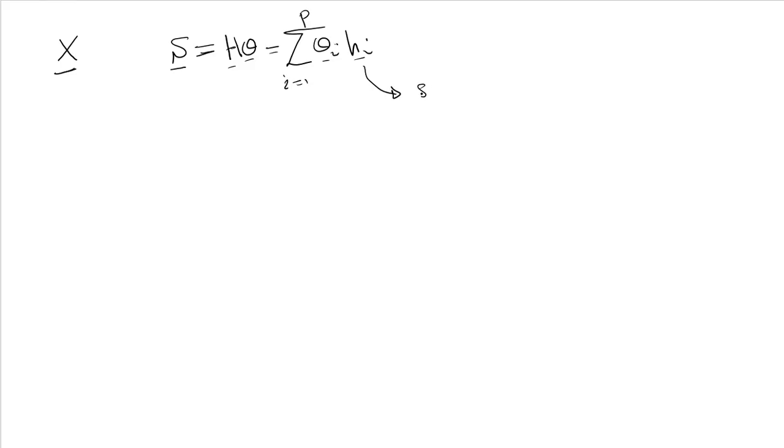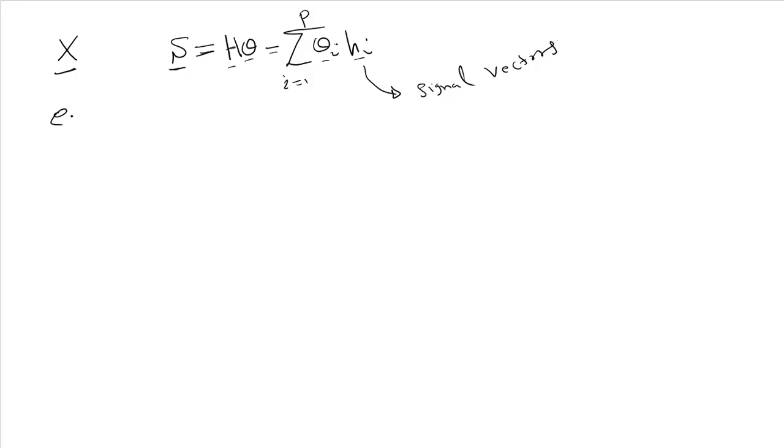I call them signal vectors. The signal or the model is the linear combination of signal vectors. Signal vectors are known, and I am going to find theta, the best linear combination of these signal vectors.